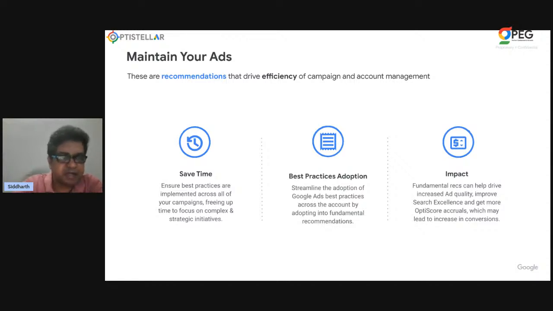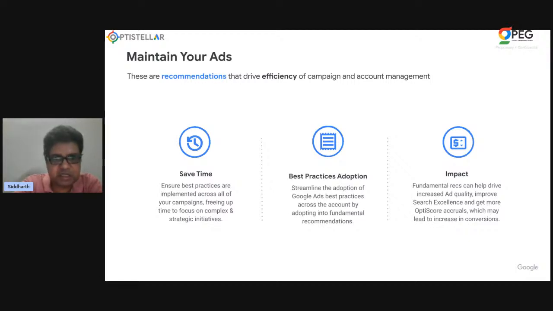Now, with maintain your ads recommendations, let us try to understand what these recommendations are and how they help you in the long term. First of all, they will help you save time, right? These recommendations are going to be applicable for most of your accounts.